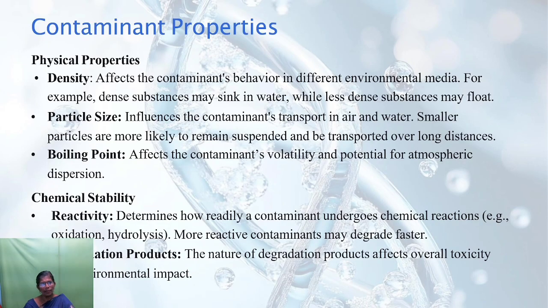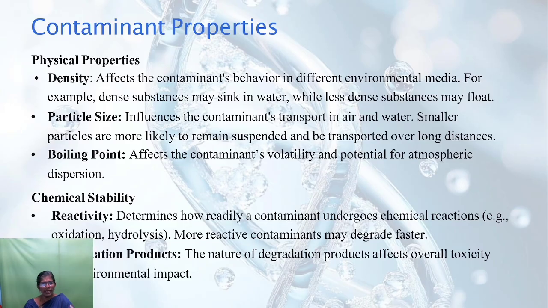The next property is physical properties. Physical properties are density, particle size and boiling point. If the density is higher, it will sink. If the density is lower, it will easily be carried away by the water. If the particle size is smaller, it will remain suspended over long distances.